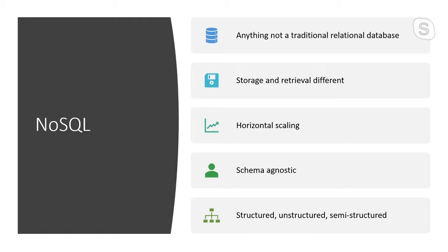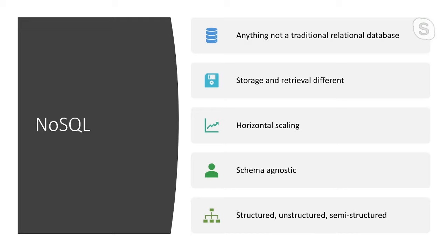So today we'll talk about the main differences between relational and NoSQL data models. The NoSQL data model provides a mechanism for storage and retrieval of data that is not modeled in the traditional RDBMS format.